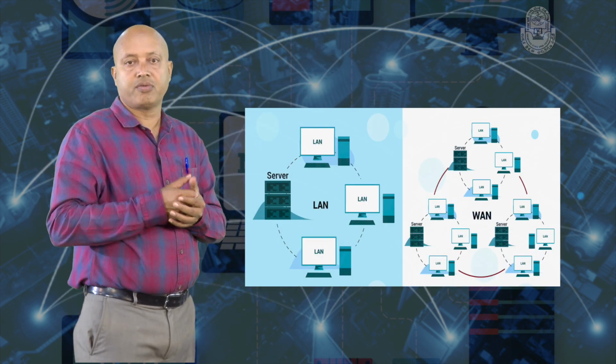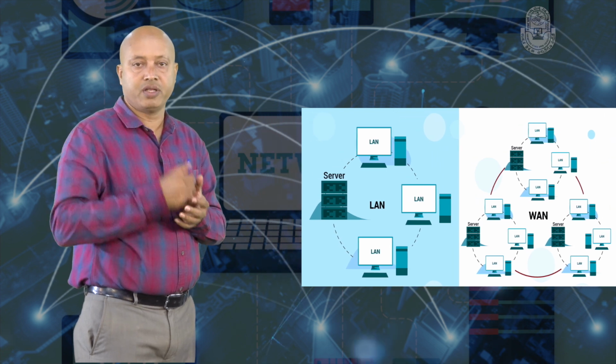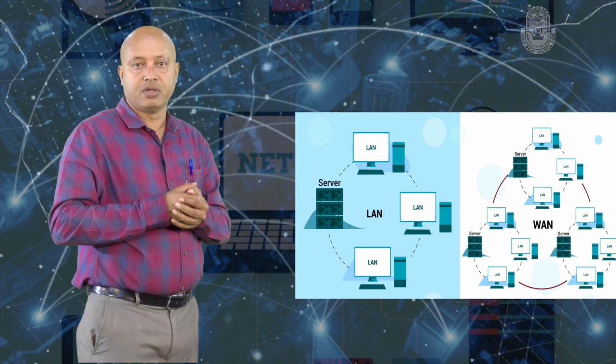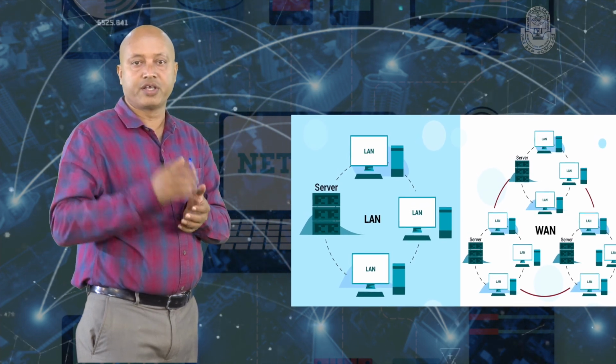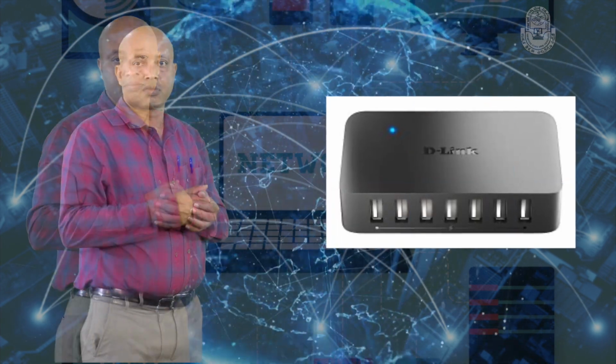There are several types of routers, but most routers pass data between local area networks and wide area networks. A local area network is a group of connected devices restricted to a specific geographic area. A local area network usually requires a single router.